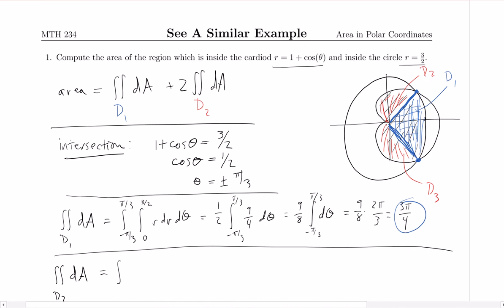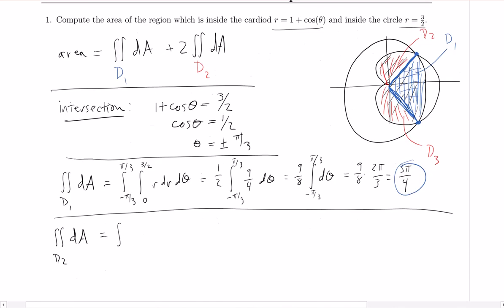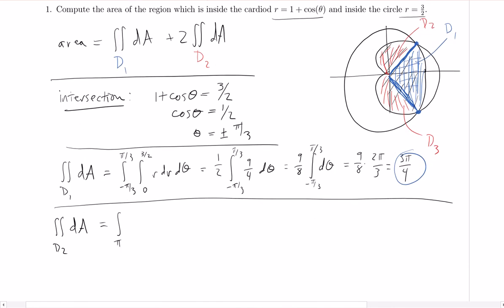But we don't want to do the whole thing, we're cutting it in half, so we're only going halfway. And the halfway point here is when theta equals pi. So really, we're just going from theta equals pi over 3 to theta equals pi.